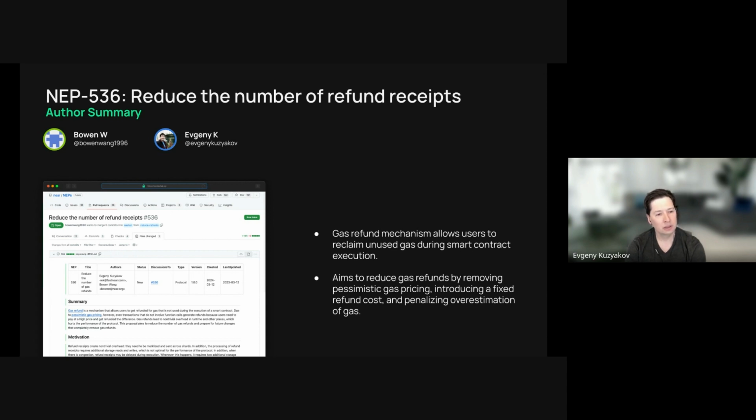So you have 295 teragas remaining that previously would be sent back to the signer. The discussion was that we wanted to penalize this, either with a fixed cost, let's say 5 teragas of this will be burned, and that will eliminate gas refunds for function calls that have less than 5 teragas remaining.